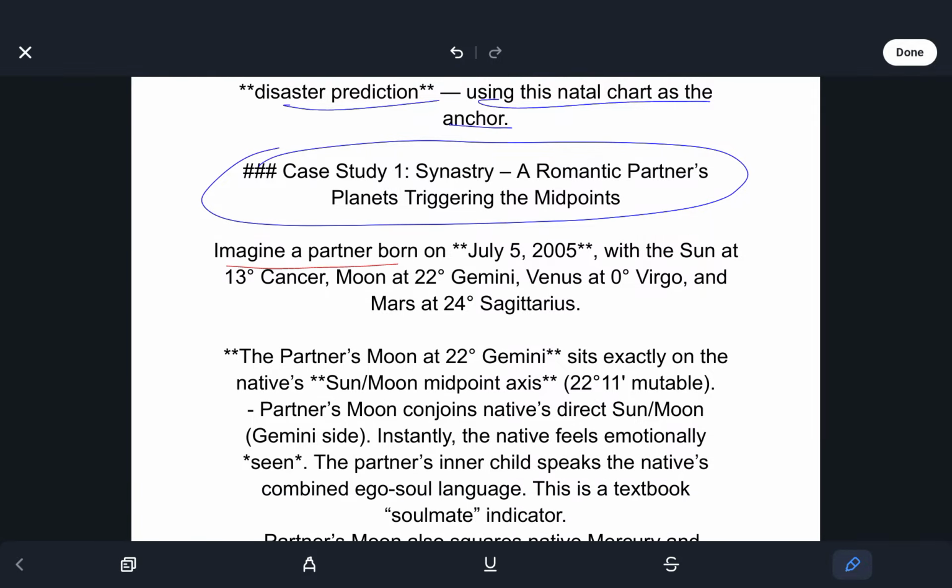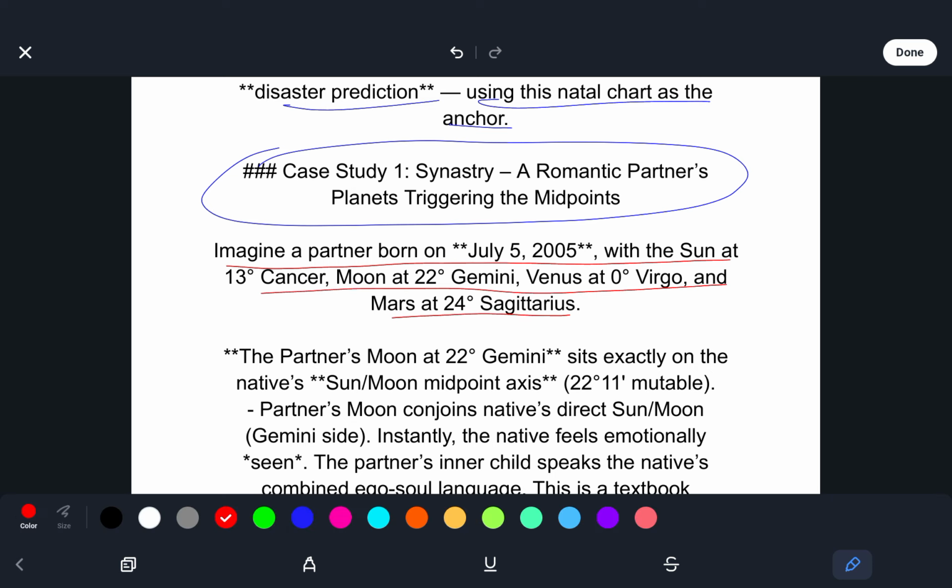So we are to imagine a partner born on July 5th, 2005. The Sun at 13 degrees Cancer, Moon at 22 degrees Gemini, Venus at 0 degrees Virgo, and Mars at 24 degrees Sagittarius.